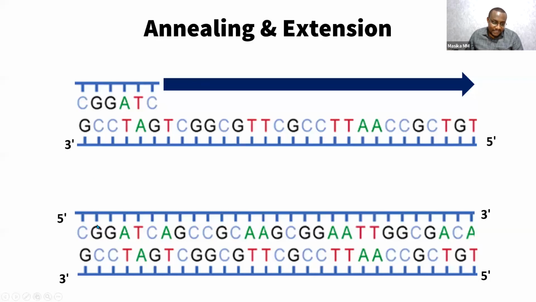So the primer for this part, let's say the 5' to 3', the strand will begin from here. So it will be A, C, A, G all the way. And then it will attach, assuming the one down here is not there, and then the extension will go from the 5' of the primer.